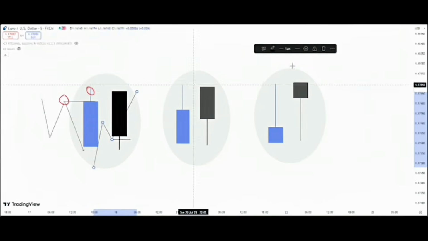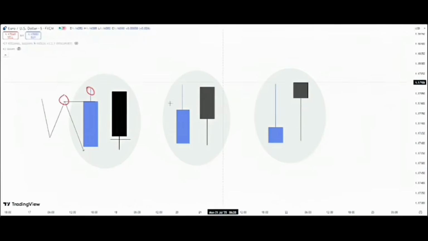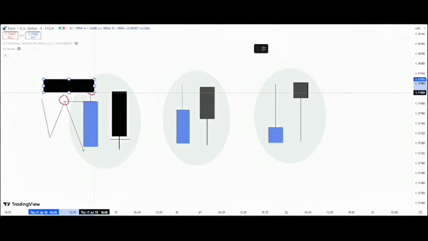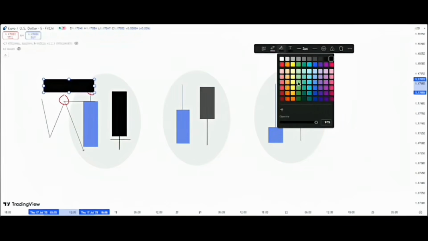Okay? So now, whenever you find this kind of scenario at specific areas on your chart, it could even be a higher time frame area of interest, such as this. Now, if it is your higher time frame area of interest, you need to wait.